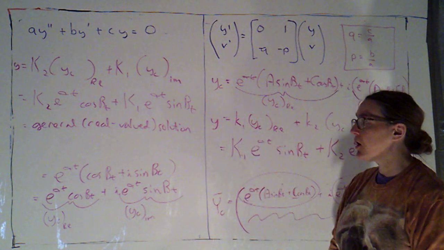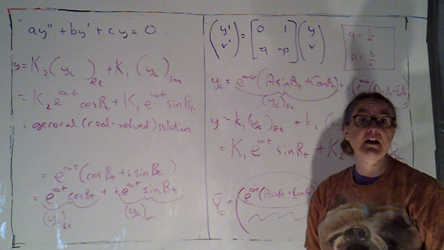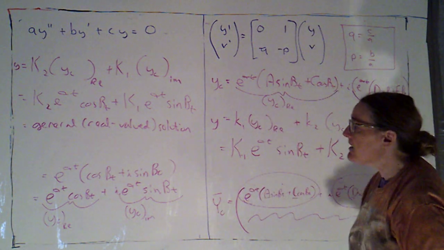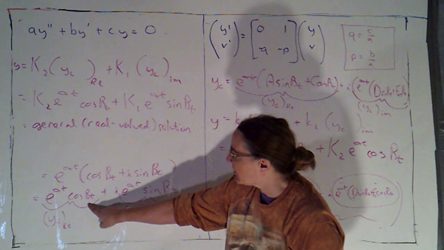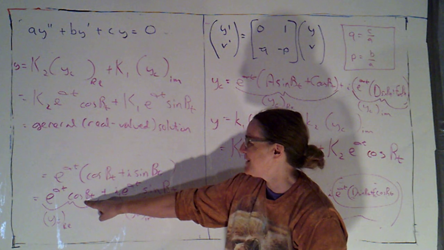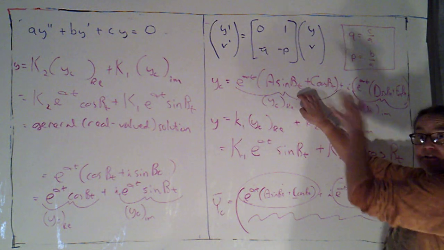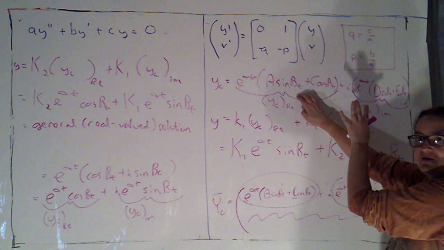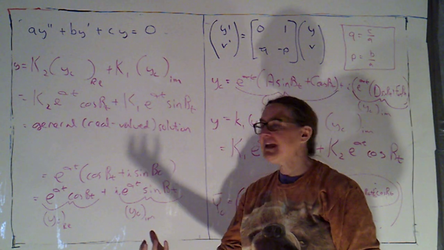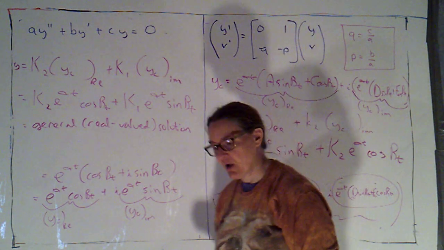Much simpler to just work over here, but I wanted to show you, first of all, that we do get the same answer either way, and second of all, that if you do choose to work things out, it may not necessarily be that the real part of the complex solution that you have here, which involves one copy of e to the alpha t times cosine of beta t, corresponds to the real part over here, where you might have some other copies of sines and cosines, but that when you put the pieces together, all you're going to get is e to the alpha t times some sines plus e to the alpha t times some cosines. We'll do an example in the next one.